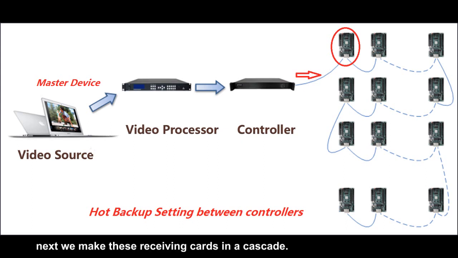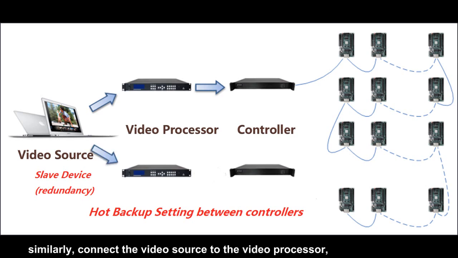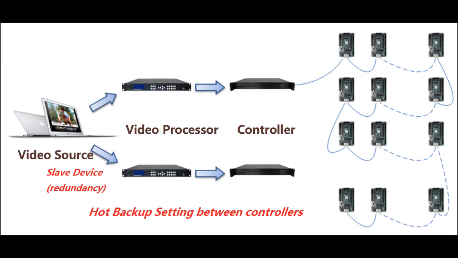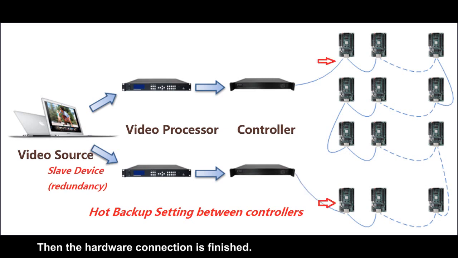Next, we make these receiving cards in a cascade. Then we connect the slave device, which is also named redundancy. Similarly, connect the video source to the video processor and make this receiving card connect to the controller. Then the hardware connection is finished.